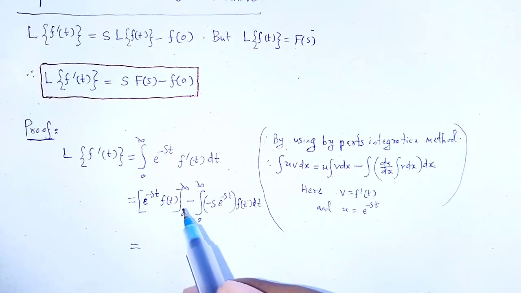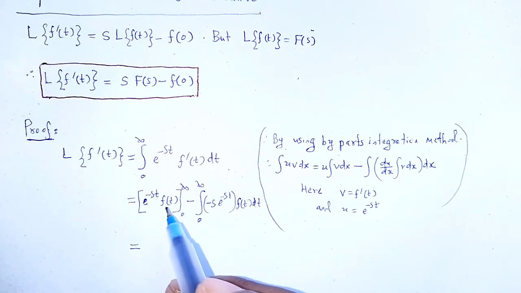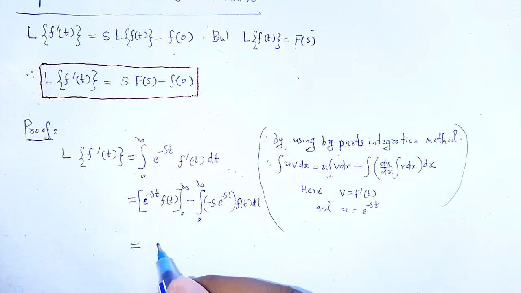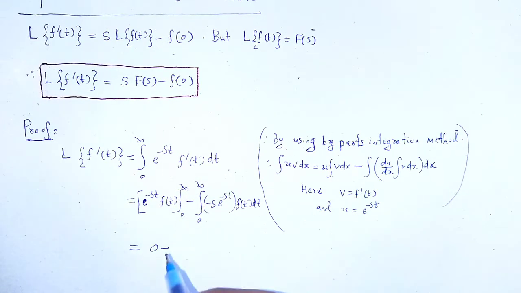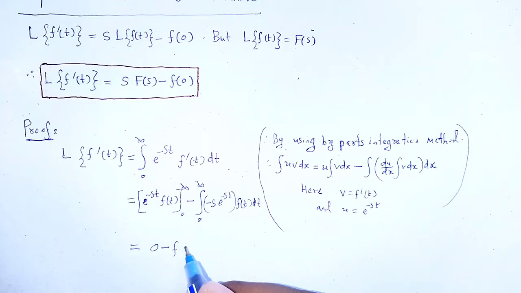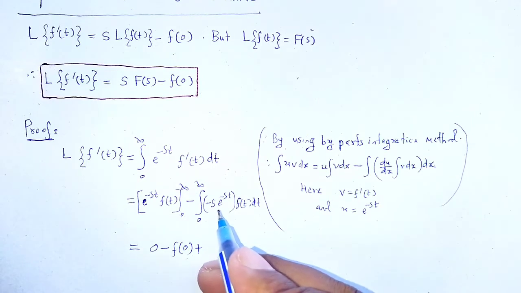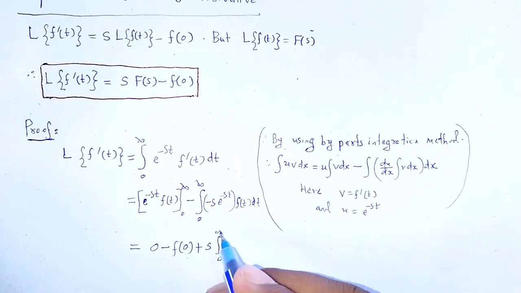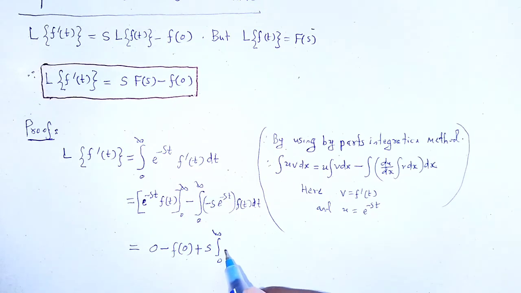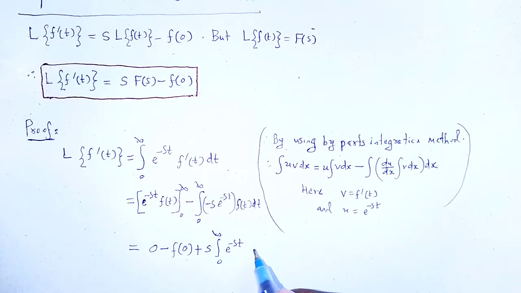Using upper limit and lower limit, when we first put in infinity at t, the result will be 0, and when we put 0, we have the function at 0, minus minus plus s as constant will be outside, integration from 0 to infinity e to the power minus st f of t dt.